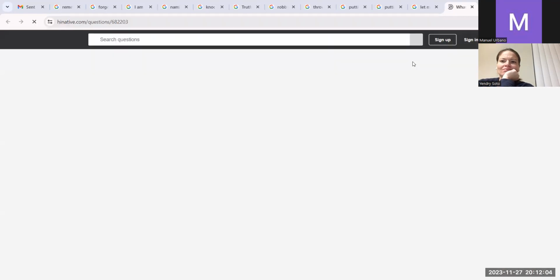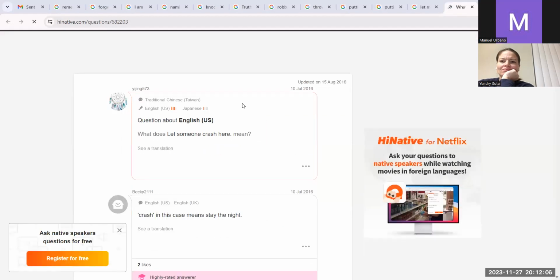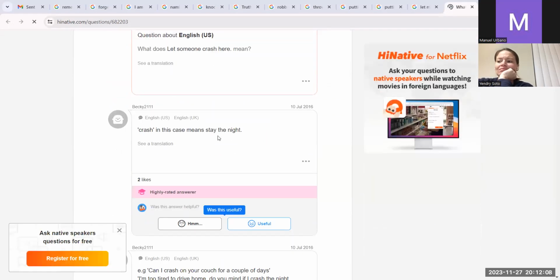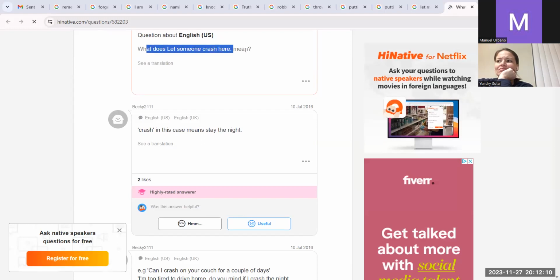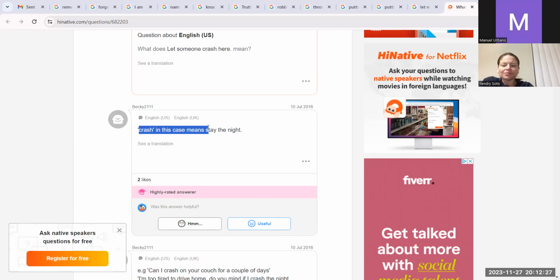Let's see what they say here. What does let someone crash mean? This is the question here. La pregunta que tú me hiciste, what does let someone crash or let me crash mean? And the answer is crash in this case means stay the night.